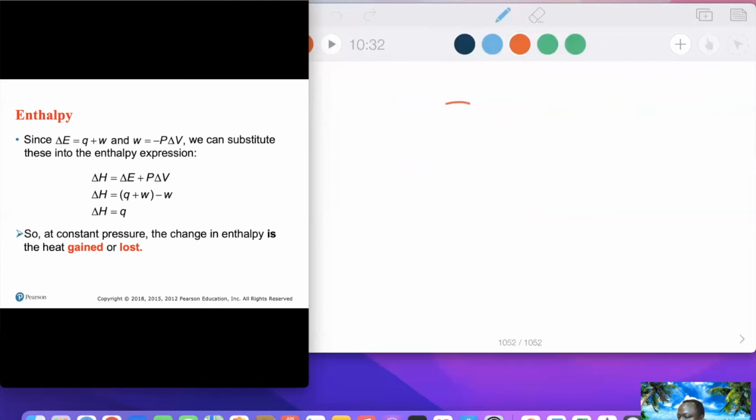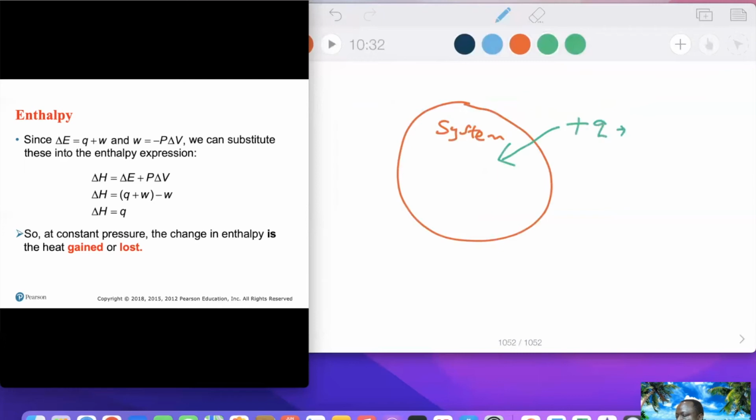So if here is the system, heat gained is an endothermic reaction.